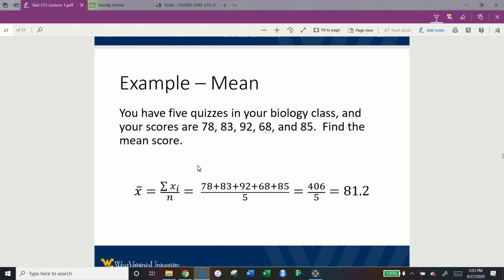Now our sample size, that is our number of data values, or number of observations, and we have 1, 2, 3, 4, 5. So n is going to equal 5, meaning we will divide our summation by 5. 406 divided by 5, we will have a sample mean of 81.2. Hopefully that was a review for you.